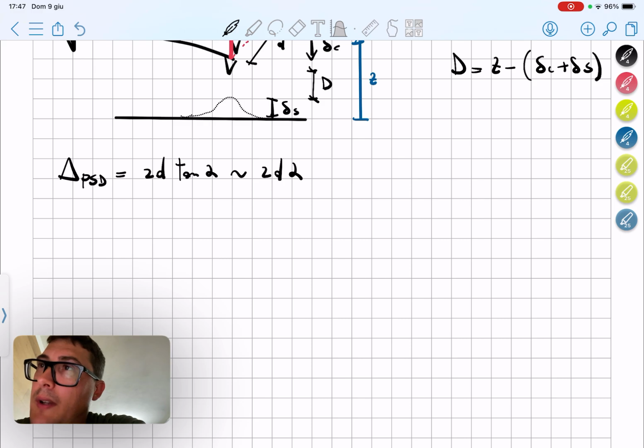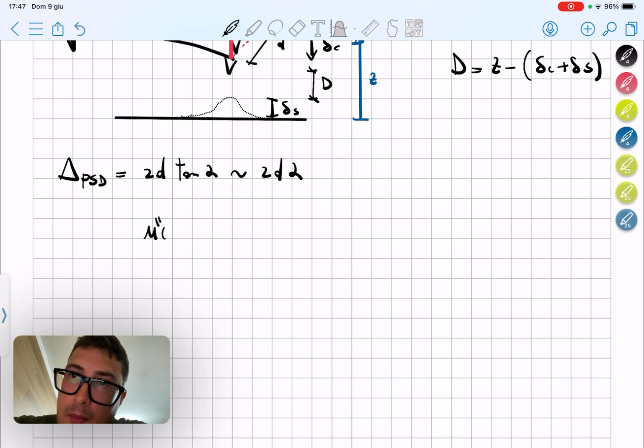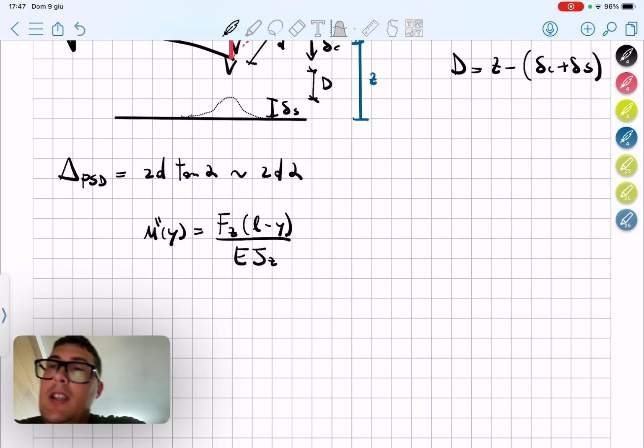We can recalculate it here. Remember, the curvature is proportional to the bending moment, which is F_z (L minus y) divided by EJ_z.